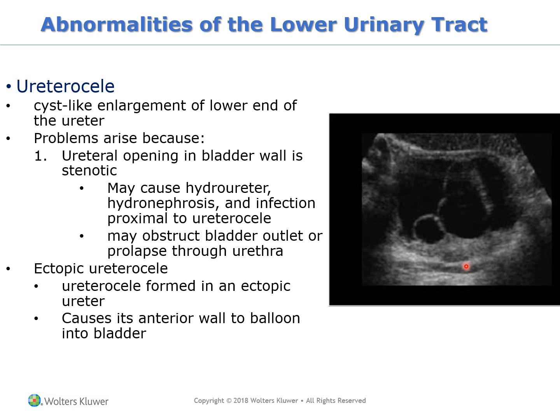And because of some weakness in the wall right there, it will cause an enlargement of the lower end of that ureter. Now, sometimes that ureter can even kind of penetrate into that bladder and show a ureterocele that looks like this. Okay. So problems here can arise because that ureteral opening into the bladder wall becomes stenotic.